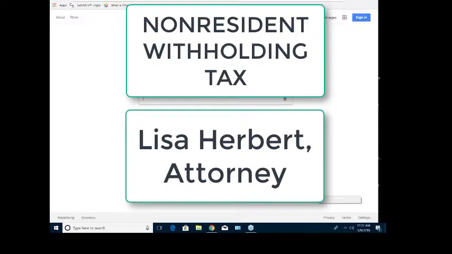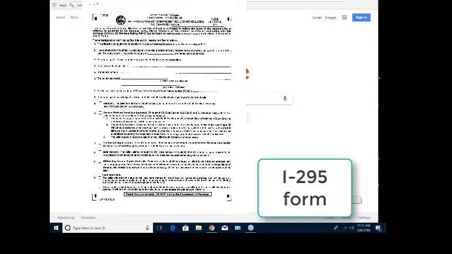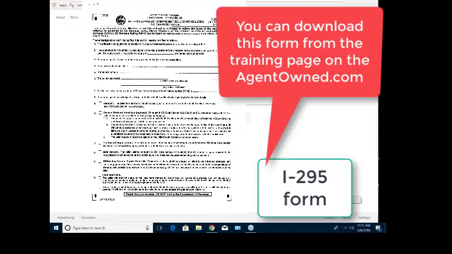For the most part, in a lot of our closings, you're a South Carolina resident. So you don't even notice it. You don't get asked many times. The attorney basically has the client sign the form that I gave you, which is kind of like the exemption form. So at every closing, the attorney is going to have the seller sign an I-295 form.